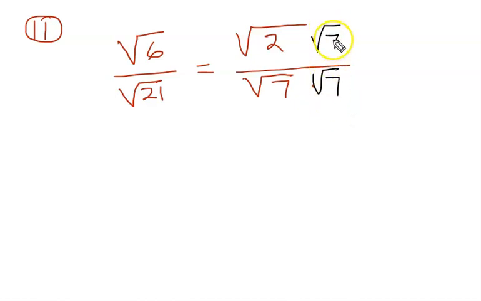So what is this? Well, this is a 1. But now we get the square root of 14 over the square root of 49, which is 7. And there's my answer. When I did this the other way, it was very complicated. This is a much better protocol here.